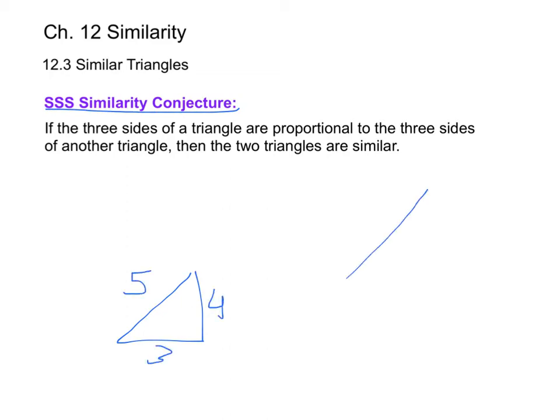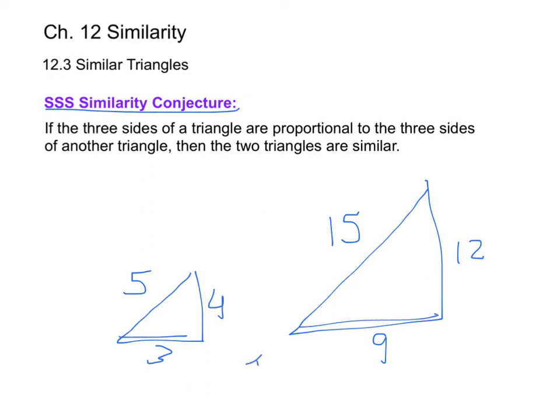If we then have another triangle here and it has sides 9, 12, and 15, we can see that if we say these are corresponding sides, that's times 3. And again, if these are corresponding sides, that's also times 3. And if these are also, it's times 3 again. So they're all proportional because they're all at the same ratio. They're all 1 to 3.